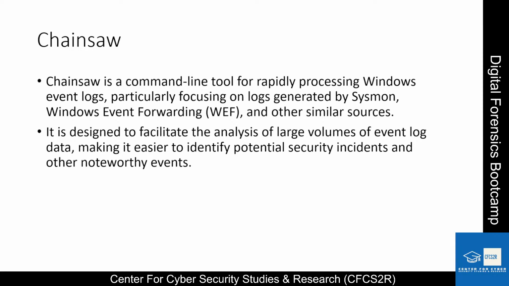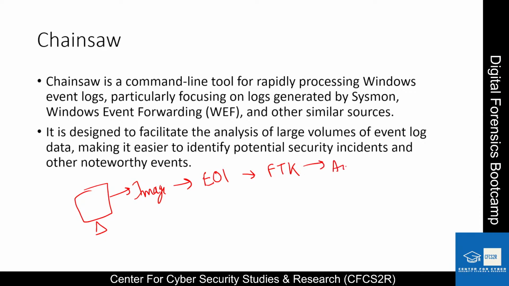So let us suppose there is a victim PC. You have taken an image out of it, an E01 image you have created. You have ingested it in FTK. Through FTK, you give it to Autopsy.